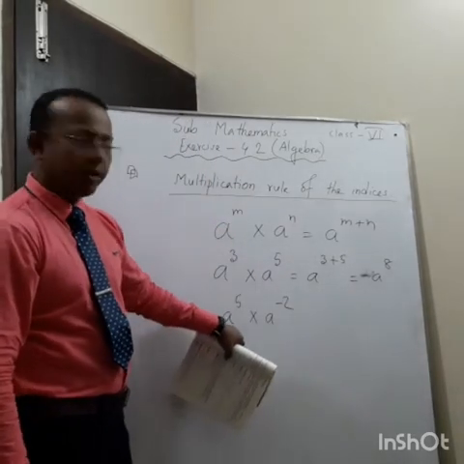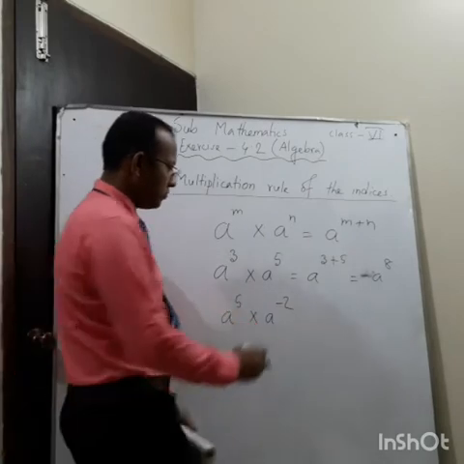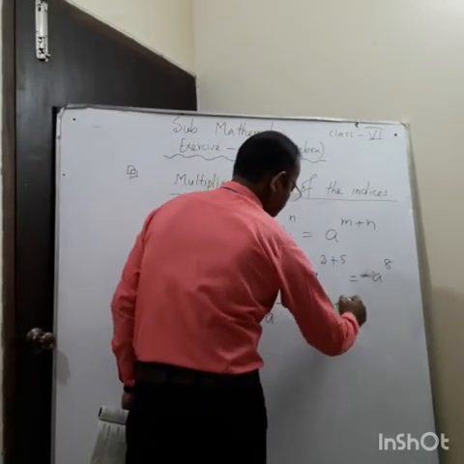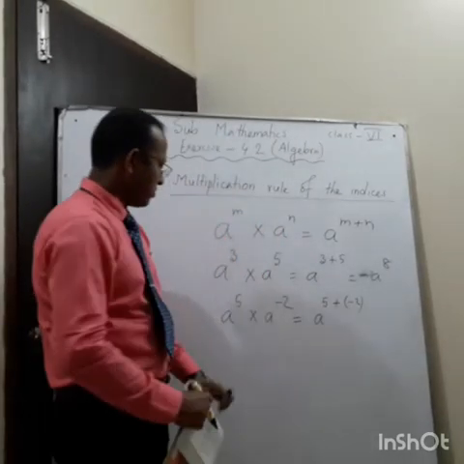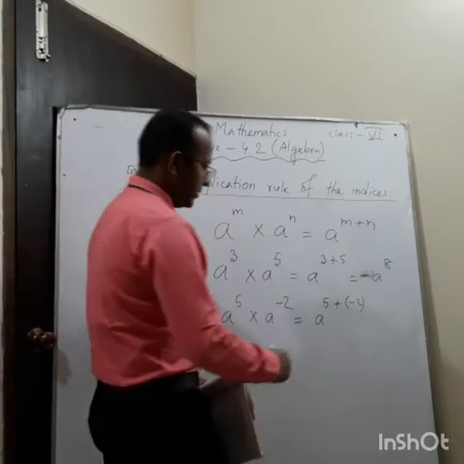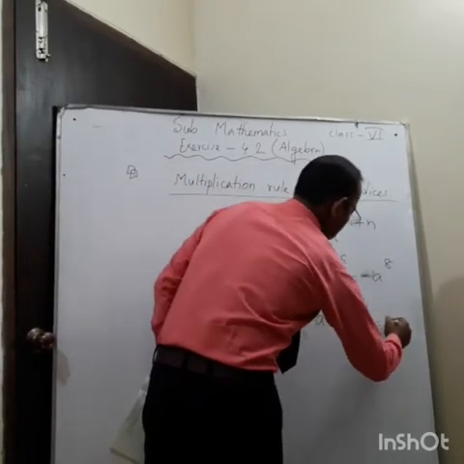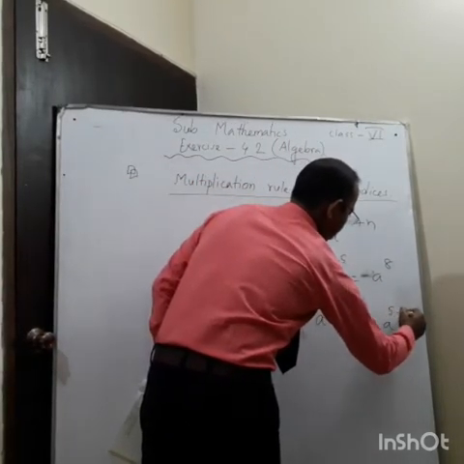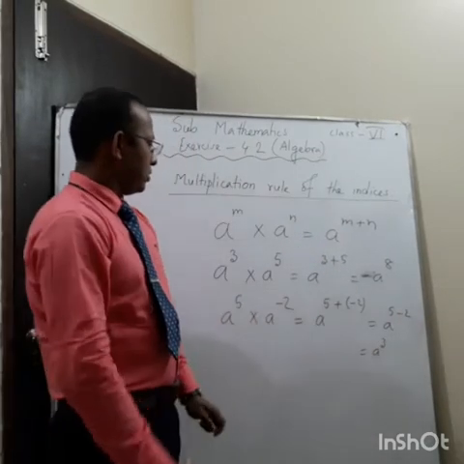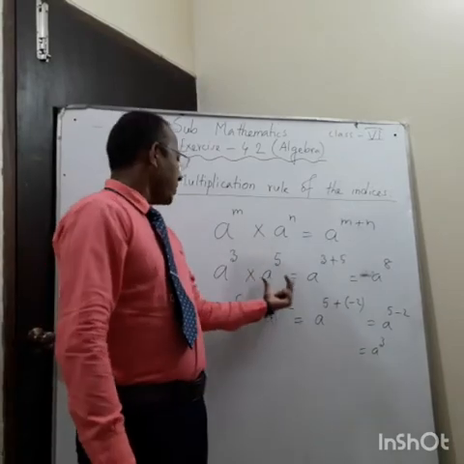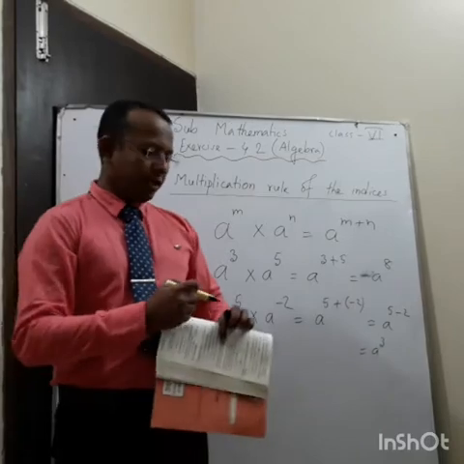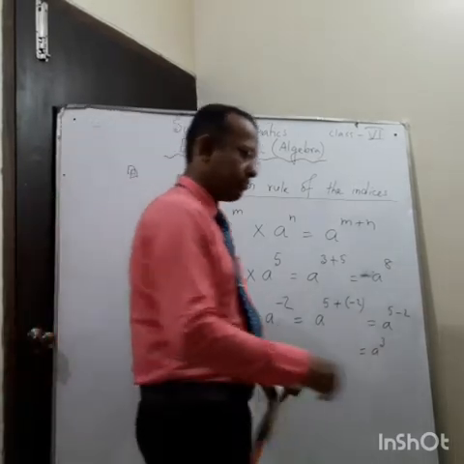This is a to the power 5 plus minus 2, which is equal to a to the power 5 minus 2, that is a cube. So, this is the application of the multiplication rule of the indices in algebra.